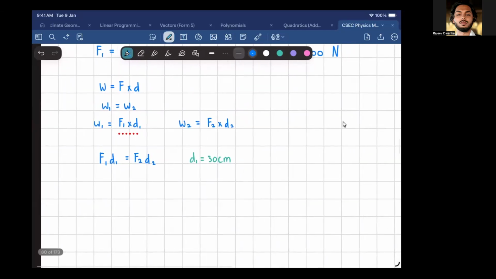So Shana, if I want to find D2, I would need to make D2 the subject of the formula, and D2 would be what? You will divide on both sides by F2. Correct. So D2 will be F1 D1 over F2. Great. What was F1?